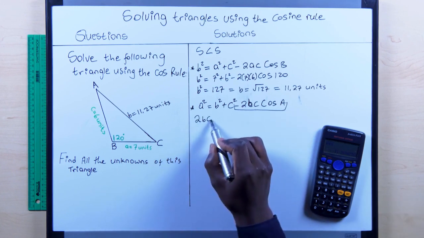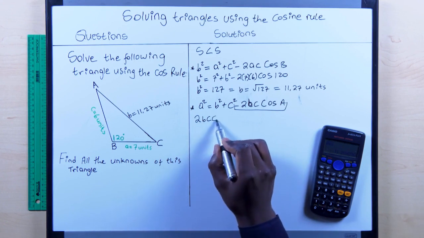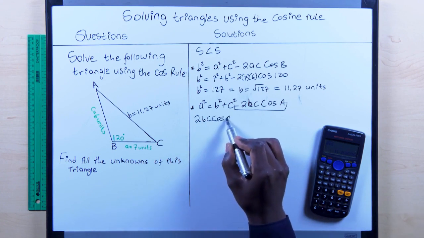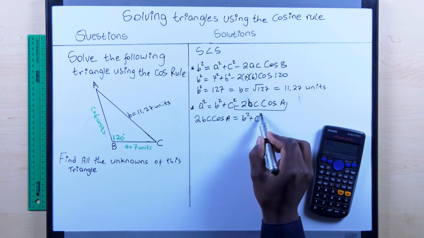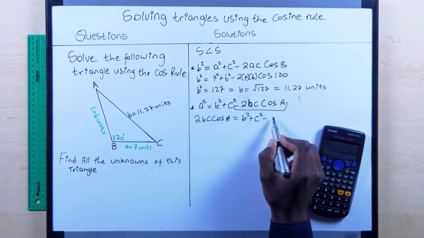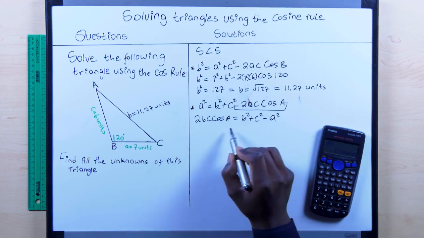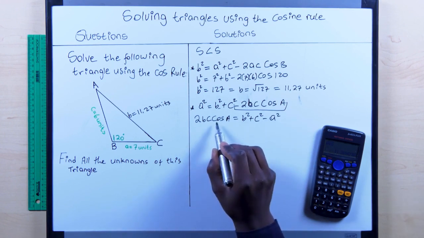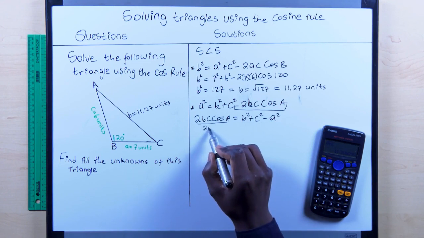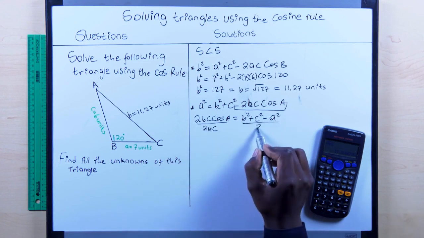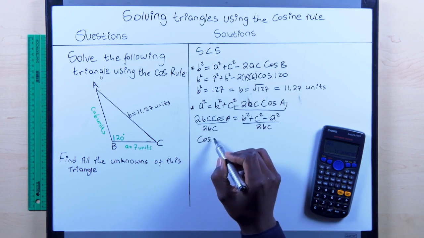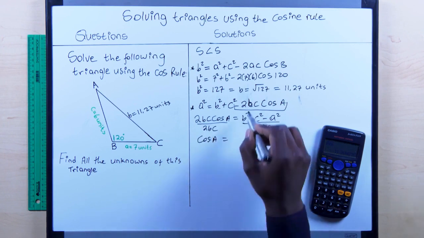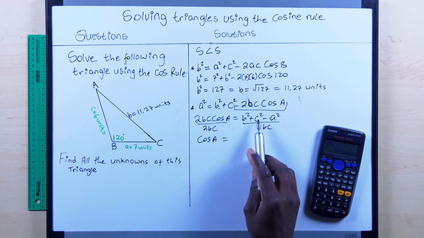So 2bc cos A is equal to b squared plus c squared, which is what you had, minus a squared. Then we want cos A divided by 2bc. Let's substitute.